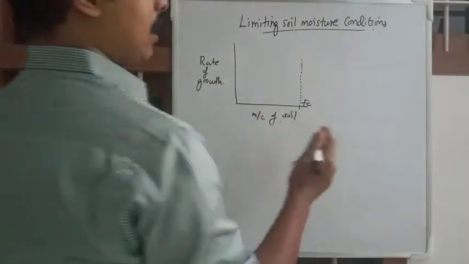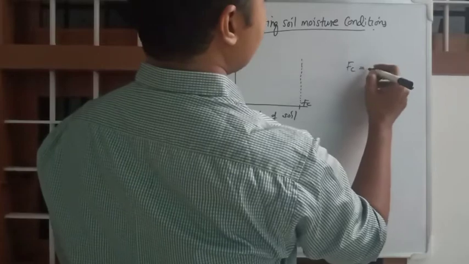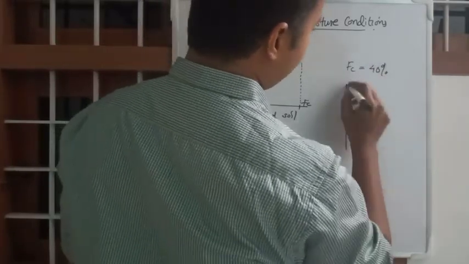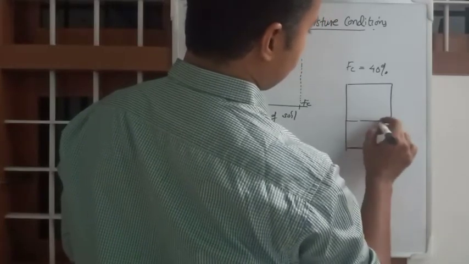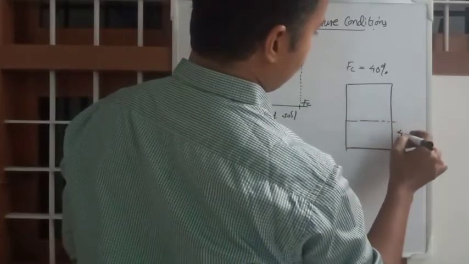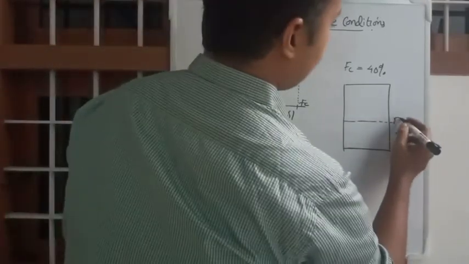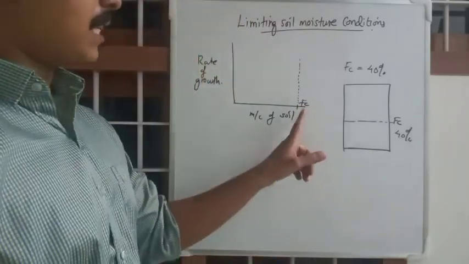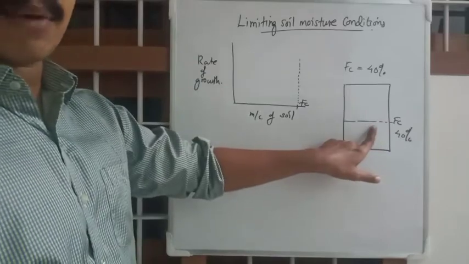Suppose for a crop or a soil, field capacity is 40%, we will only be filling water up to 40%. That is enough. That is FC. So for every watering, if FC is known, we will be filling water till field capacity only.